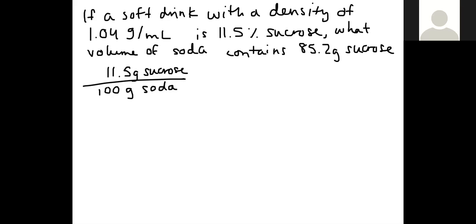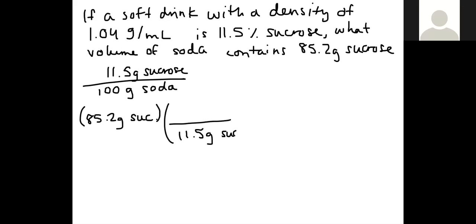And note that any density I give you in this type of problem is density of the solution, the liquid solution. So I'm going to go from 85.2 grams of sucrose, and the 11.5 grams of sucrose goes on the bottom here, right? Because I need to get rid of those grams of sucrose and instead go to 100 grams of soda.